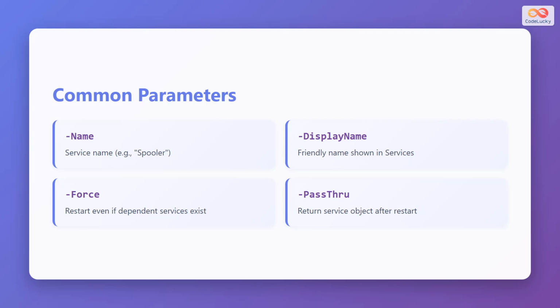It will restart the service even if other services depend on it, automatically restarting those dependent services as well. Finally, the -PassThru parameter returns a service object after the restart completes, which is useful if you want to verify the service status or perform additional operations on the service object immediately after restarting.